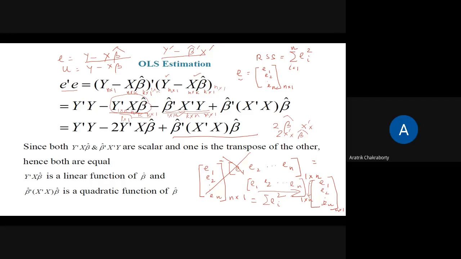Ma'am, we cannot multiply beta hat with x prime x, because the number of rows and columns are not compatible. X prime x is k by k and beta hat is k by 1. Yes, ma'am.